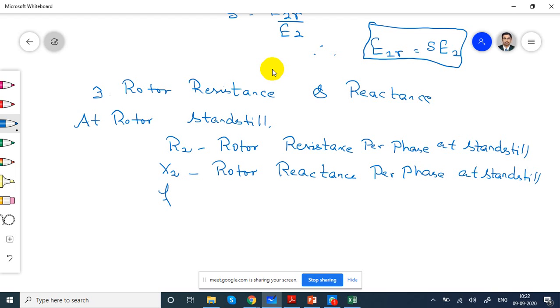And Fr is the rotor frequency at standstill.